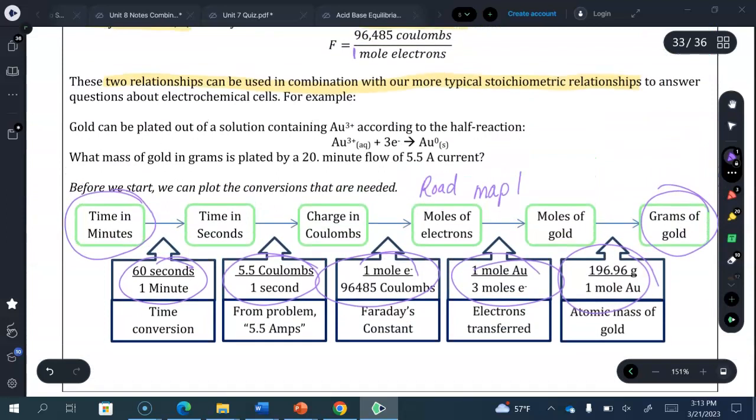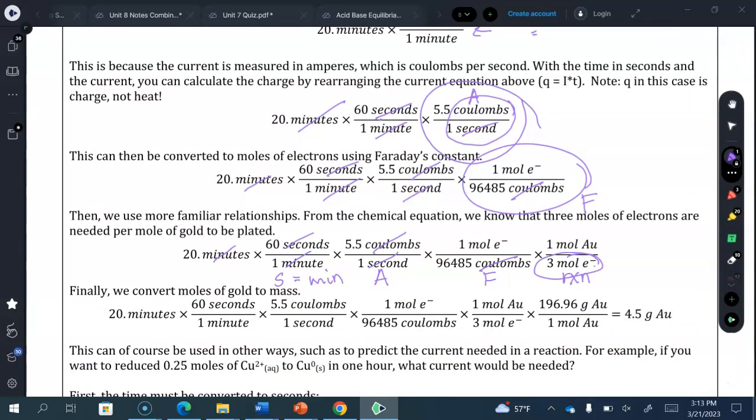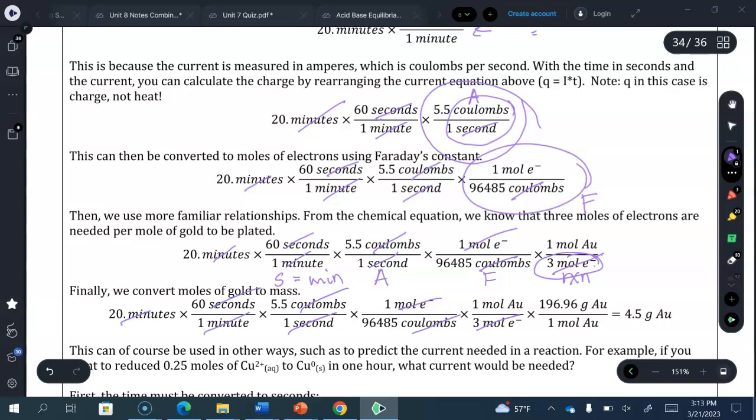For every 1 gold, we need 3 moles of electrons, so that gives us this reaction ratio, and that cancels out the moles of electrons.